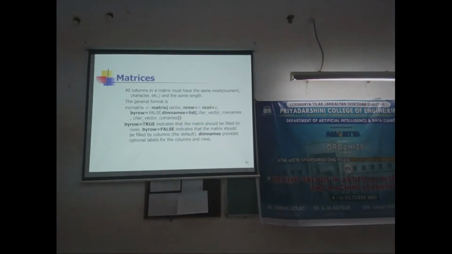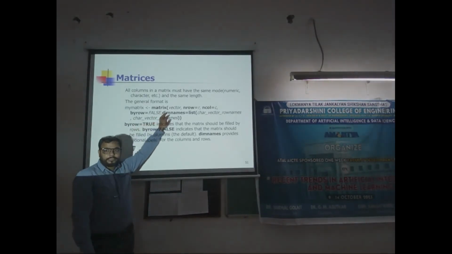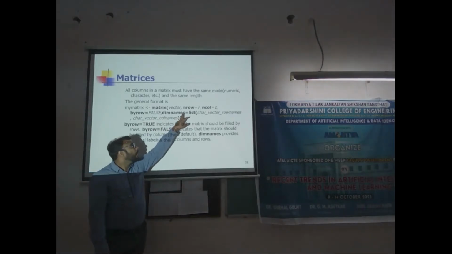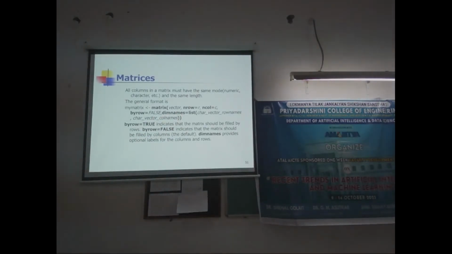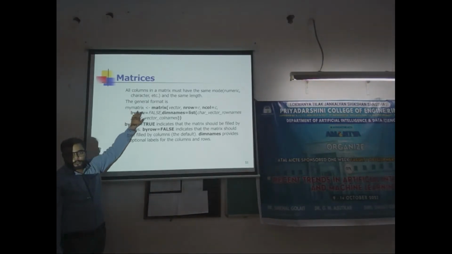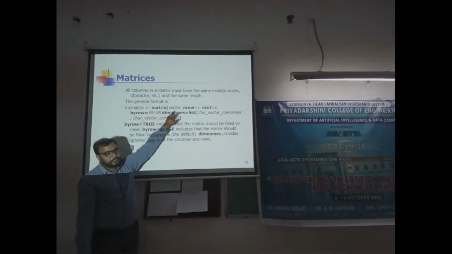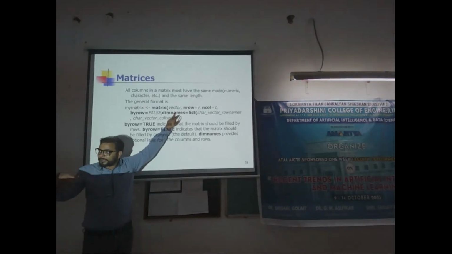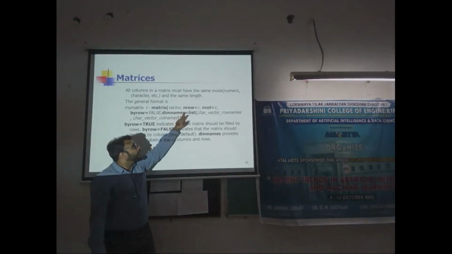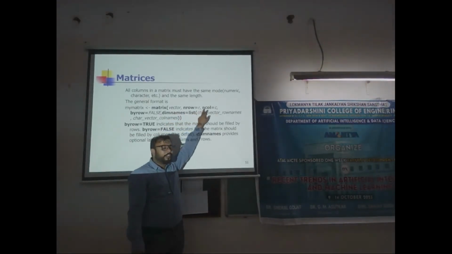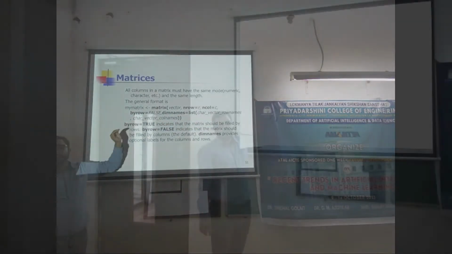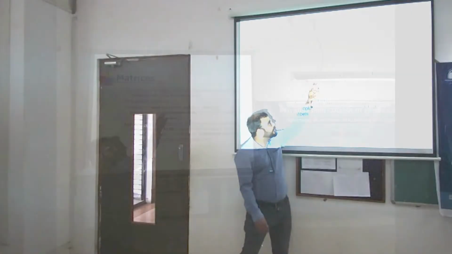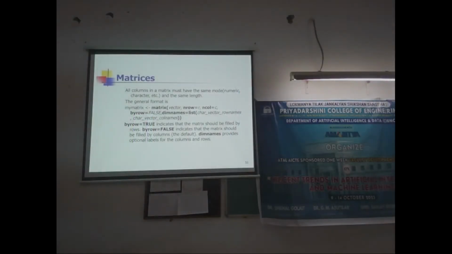So this is how you can define a matrix. You can pass a vector inside this. Write a matrix name, whatever name you want to assign to the matrix, and the vector you want to pass into the matrix. You need to define the number of rows and the number of columns. Here you need to define whether you want to fill this vector by row or by column.